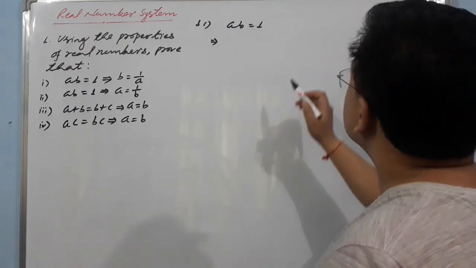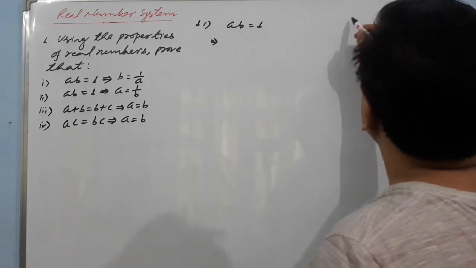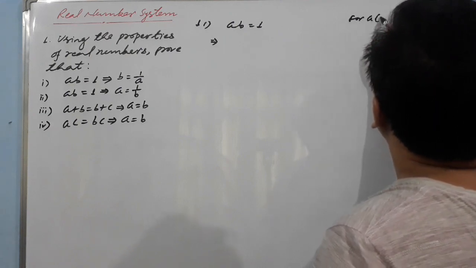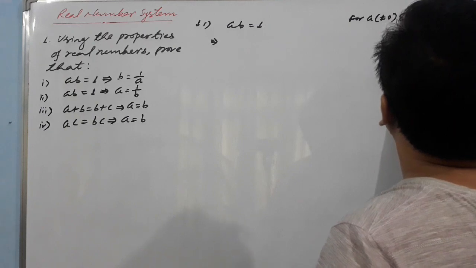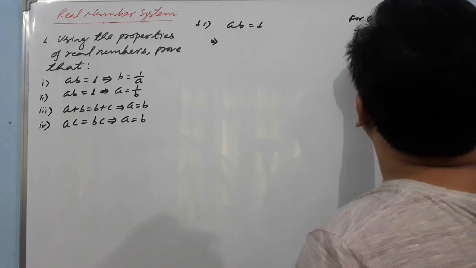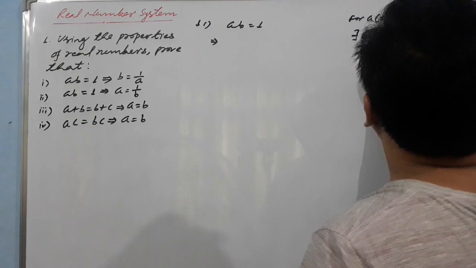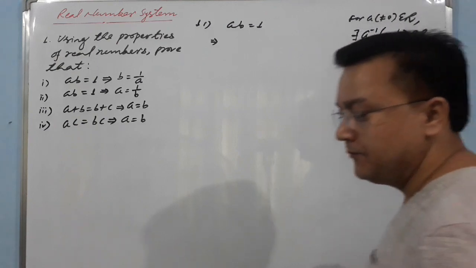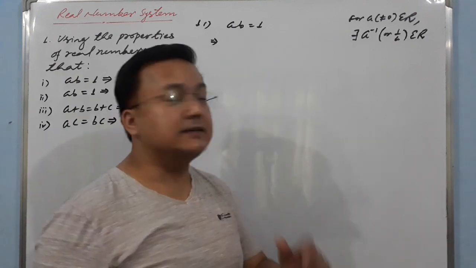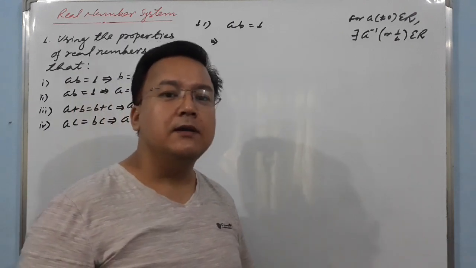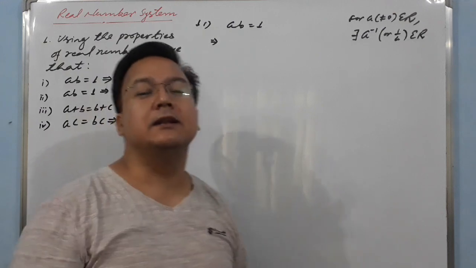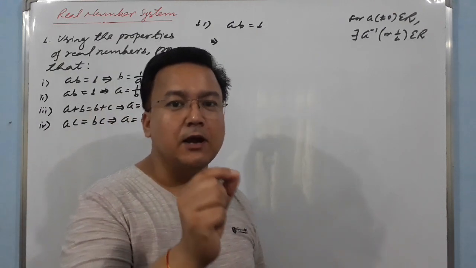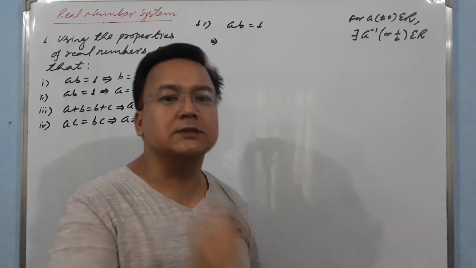There is one property in real numbers: for a not equal to 0, belonging to R, there exists a inverse, or you can say 1/a, belonging to R. For every real number except 0, there is a multiplicative inverse of that number.